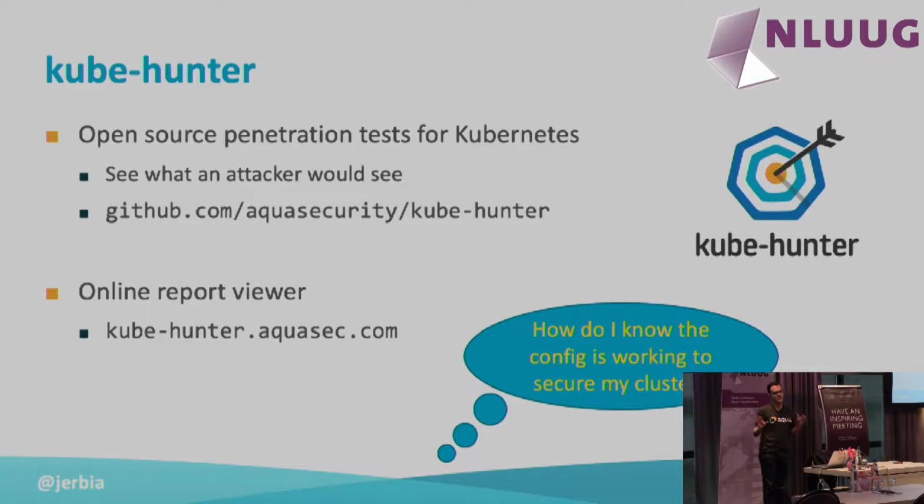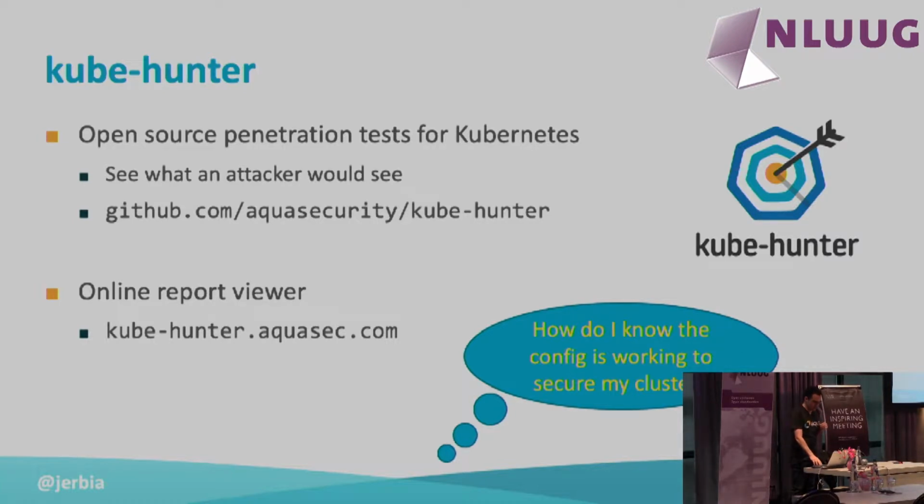It will not change the state of your cluster. So it's perfectly safe to try in production environments. Please do not try that on other people's clusters. This is not a tool for attacking clusters. It's only for your own penetration testing of your own clusters, similar to other penetration testing tools.